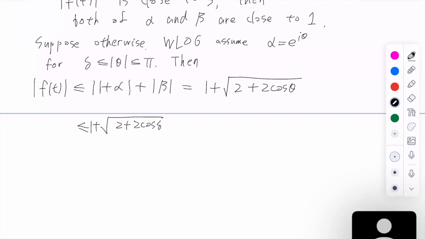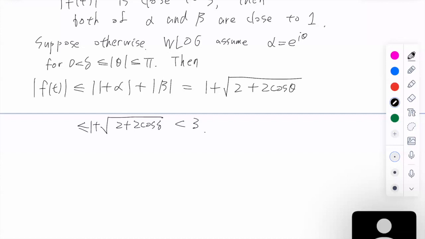When delta is smaller than pi over 2, this cosine is greater than 0 but less than 1, so the whole quantity is strictly less than 3. And because delta is not an infinitesimal number, f must be away from 3.